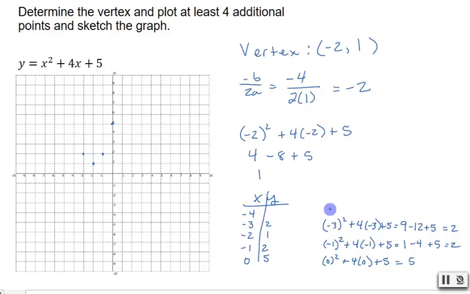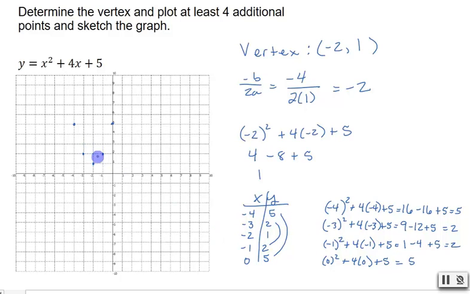And try a negative 4. Negative 4, quantity squared plus 4 times negative 4 plus 5. So I've got 16 minus 16 plus 5, which is going to give me 5. So negative 4, 5. You'll notice symmetry around that vertex point.